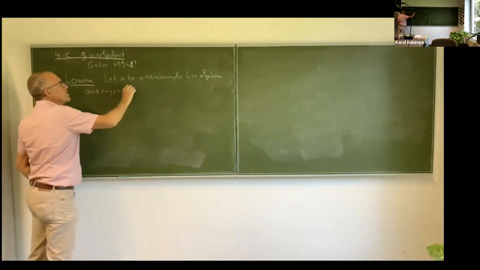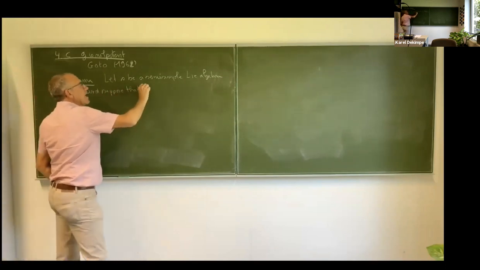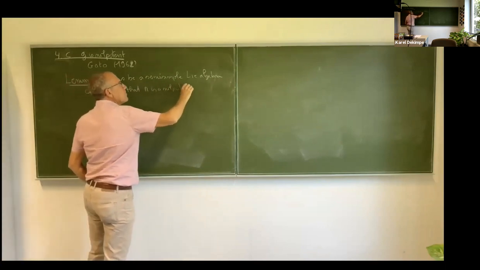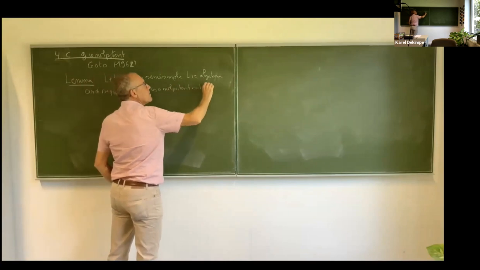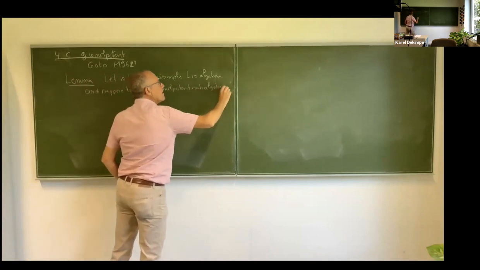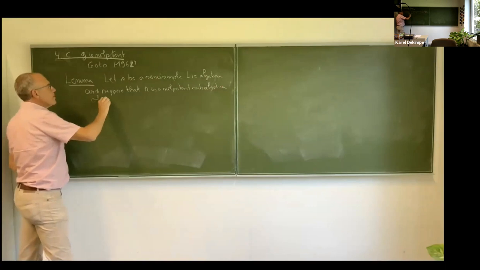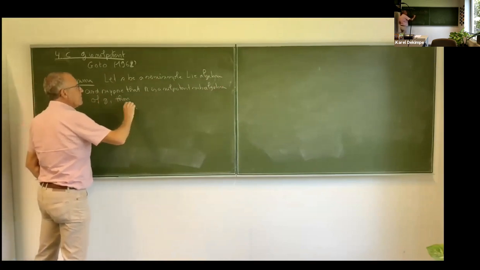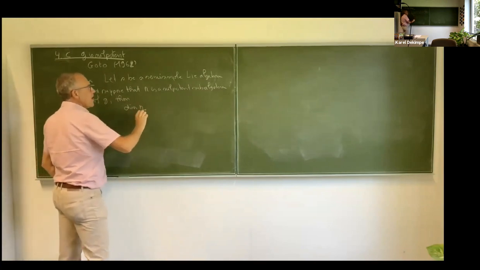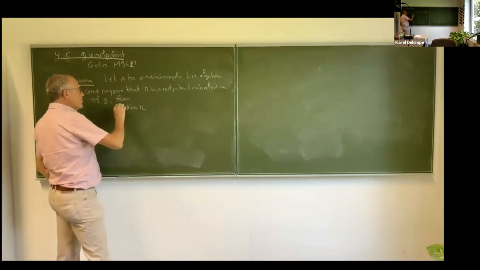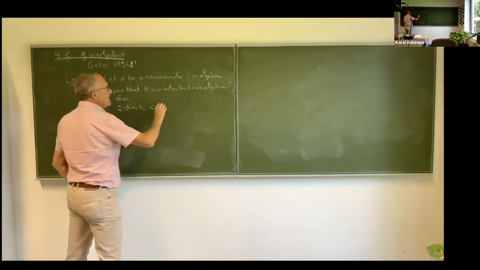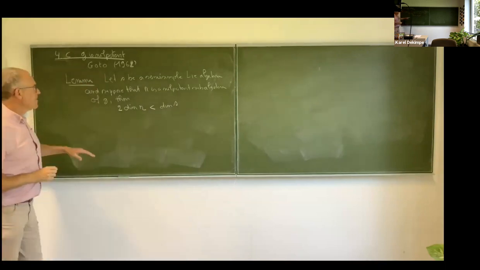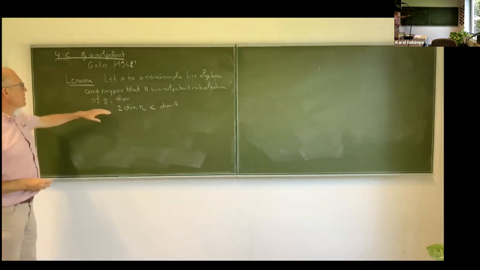And suppose that N is a nilpotent subalgebra of G, then you can see that 2 times the dimension of N is strictly less than the dimension of S. And actually, Goto even proved a stronger result.